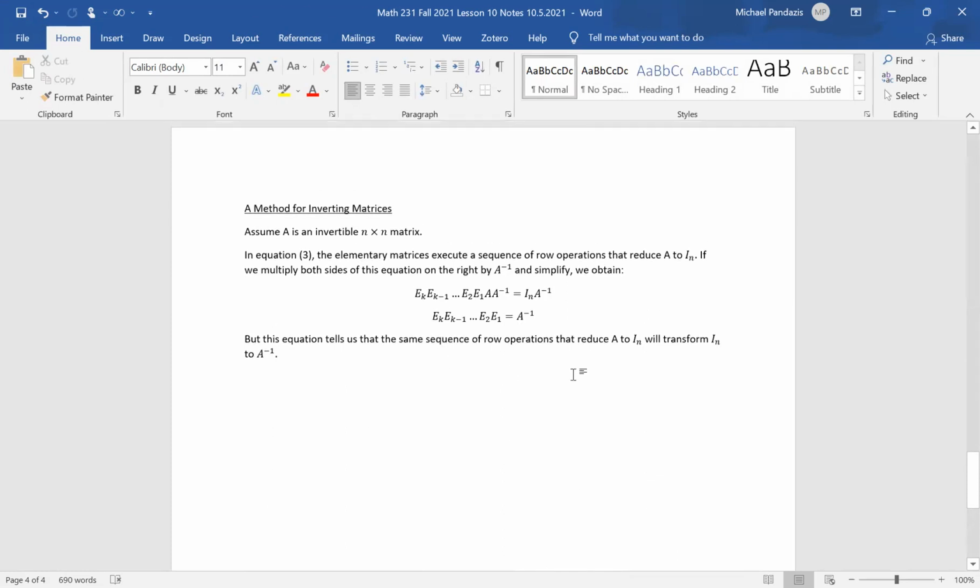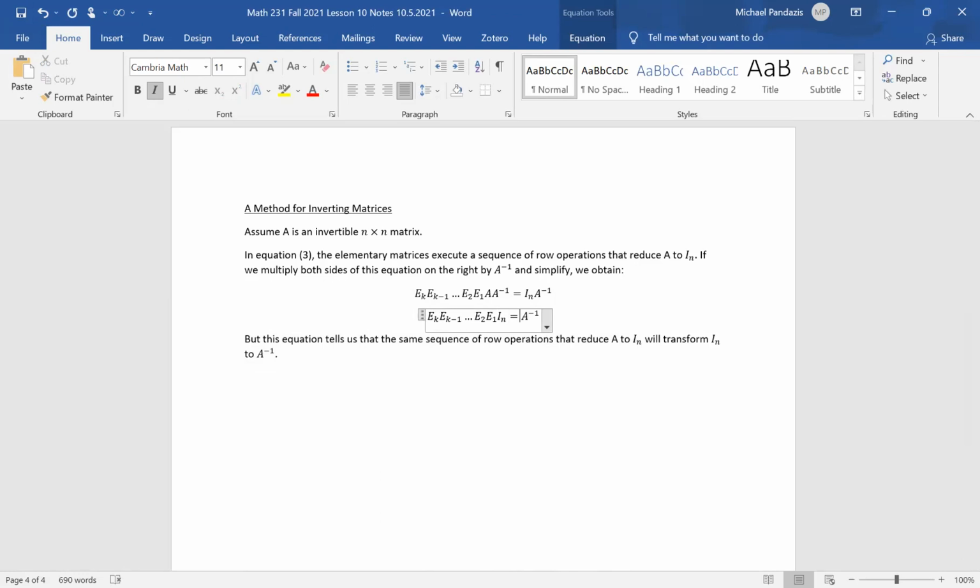So this is the conclusion. This equation tells us that the same sequence of row operations, this sequence from right to left, so E1 is the first one, E2 is the second, that reduces A to I sub n will transform I sub n to A inverse.